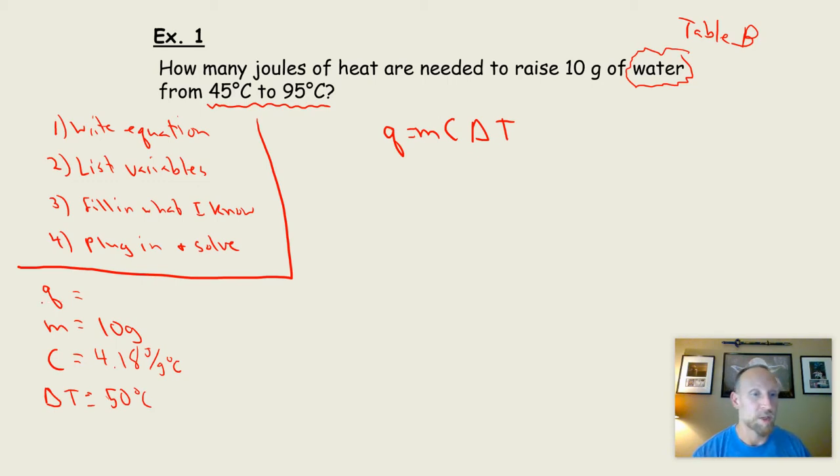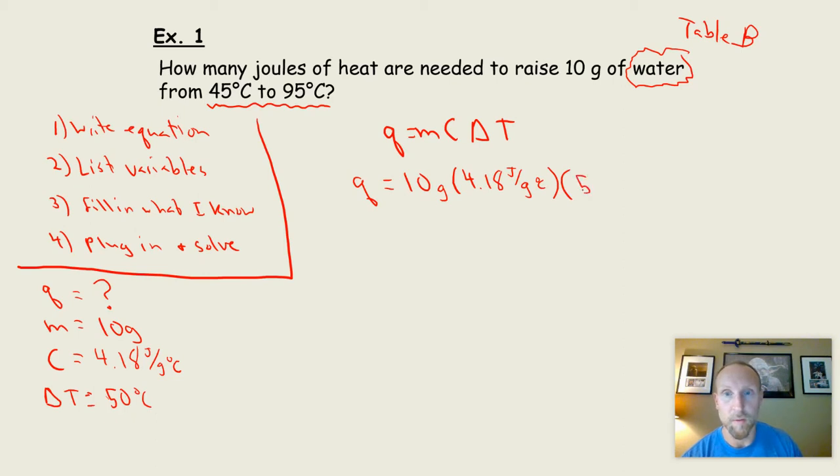So we know our specific heat is 4.18 joules per gram degree right off of table B. Now what am I solving for? I'm solving for Q, so my unknown is Q. Let's plug in what I know and solve. Q equals, we know our mass is 10 grams, our specific heat is 4.18 joules per gram degree, and our delta T is 50 degrees Celsius.